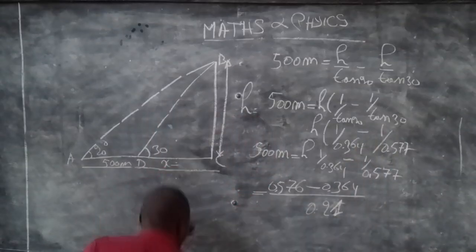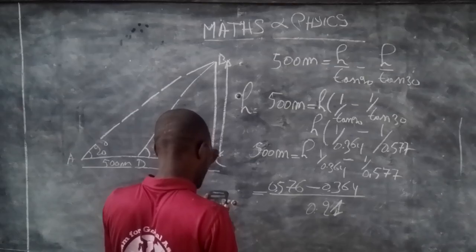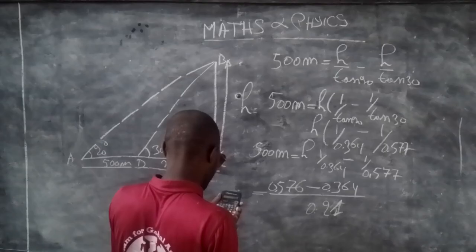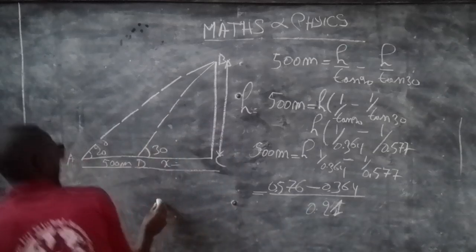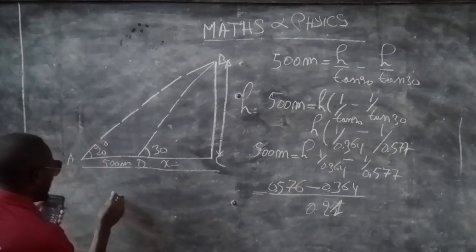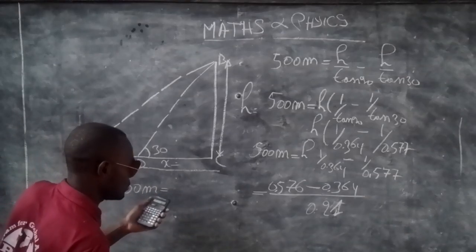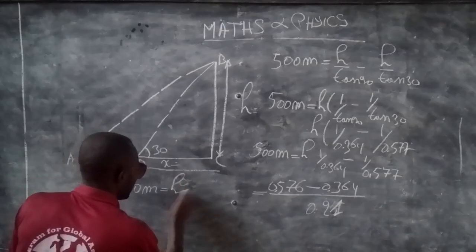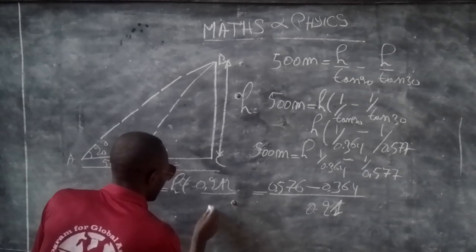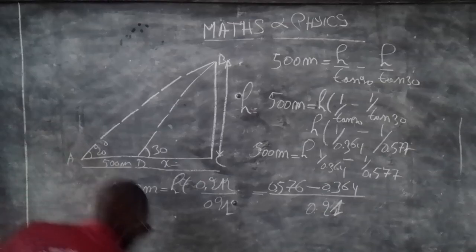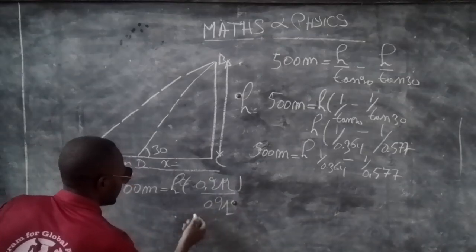So let's see how our h is equal. Here we have 500 meters equal to h times 0.212 over 0.21. So here we use cross multiplication.